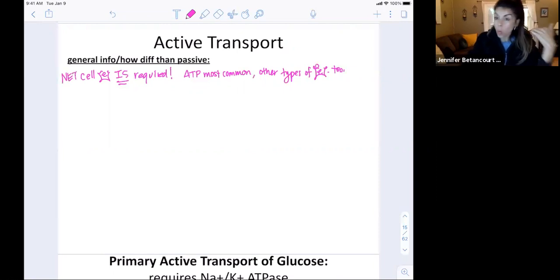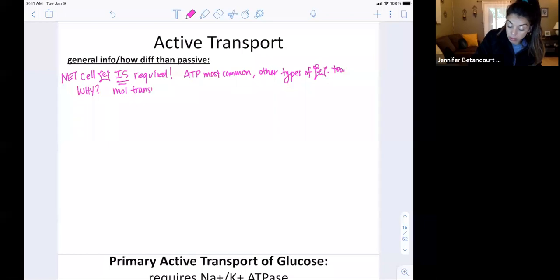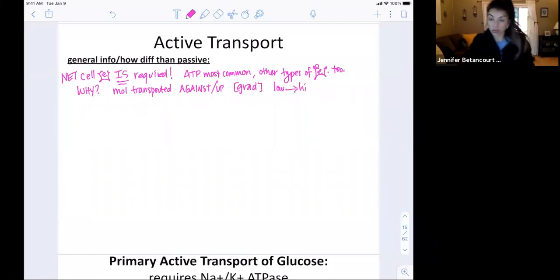Net cell energy is required. Why? Because the cell is actively pushing molecules against their gradient. So the molecules being transported go against their gradient, or up the concentration gradient, which means from low concentration to high concentration.